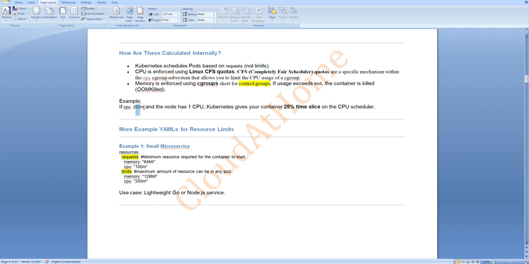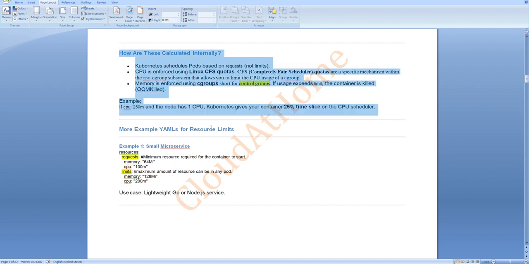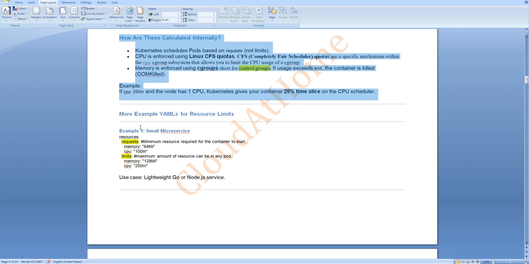So 250 means 1/4 of one CPU. Who takes care of all this? It is taken care of by the Linux CFS quota for CPU, and memory will be taken care of by cgroups or control groups. Okay, so I hope this is clear. Now let's go understand the next part.